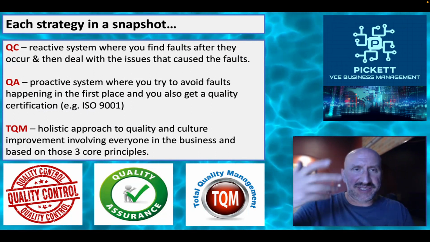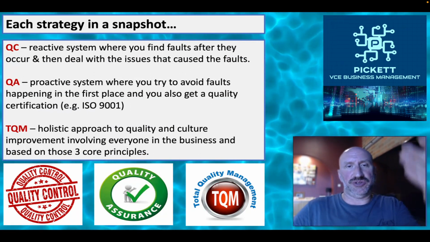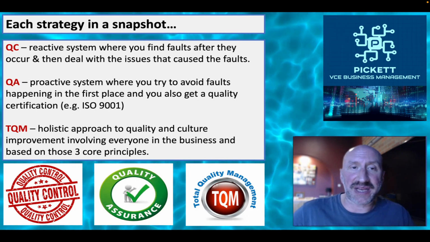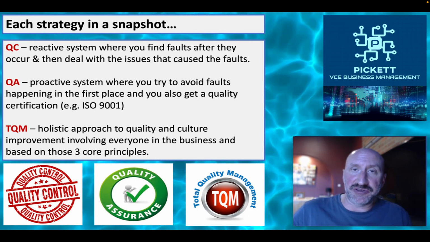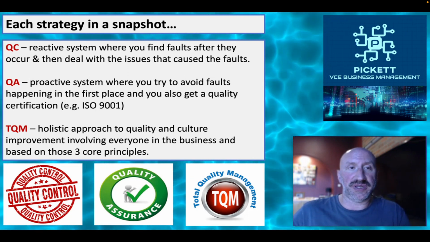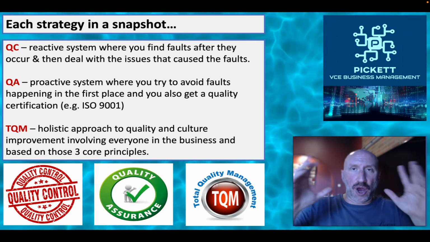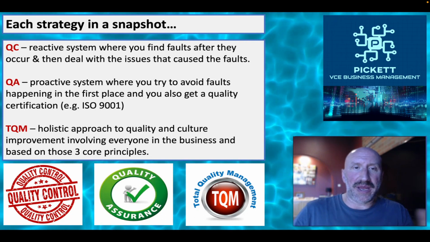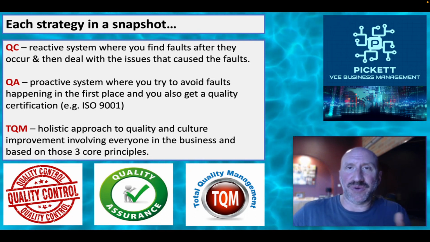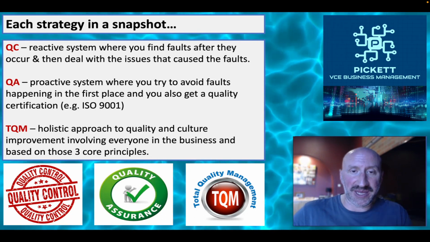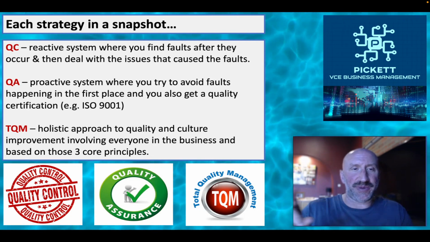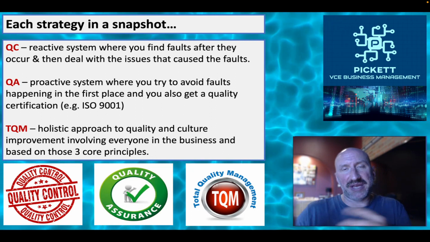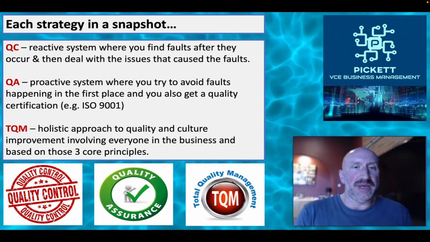Okay, so finally, summarizing each strategy in a snapshot. QC is a reactive system, where you find faults after they occur and then deal with the issues that cause the faults. Reactive, only operations. QA is proactive. You try to avoid faults happening in the first place, and you also get that quality certification. Remember the two aspects, e.g. ISO 9001, that's the one to focus on.